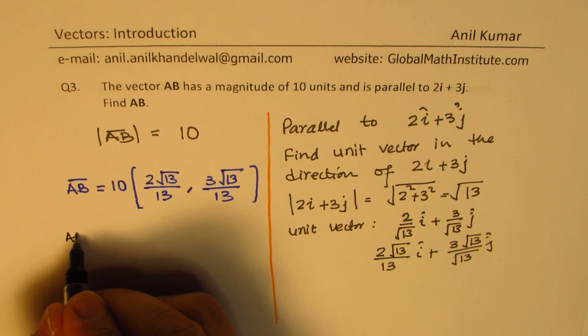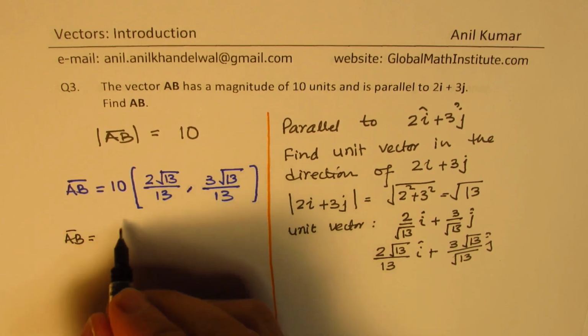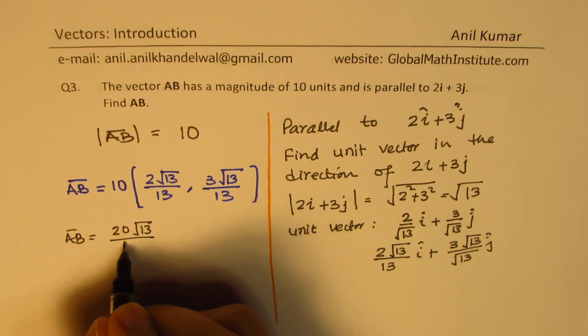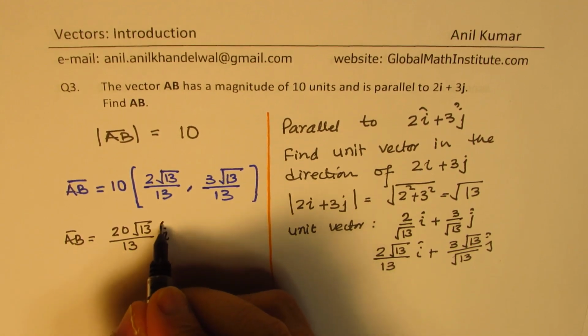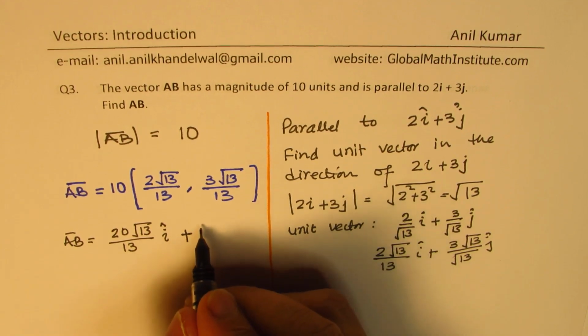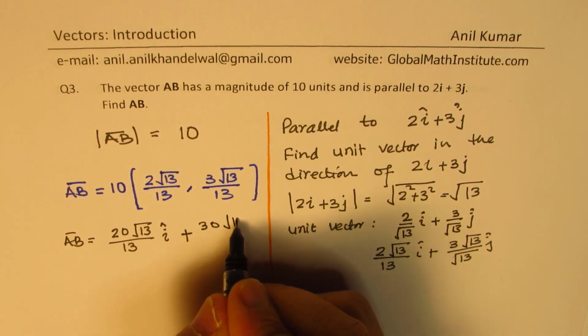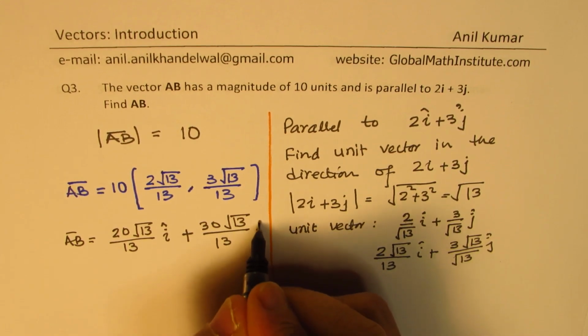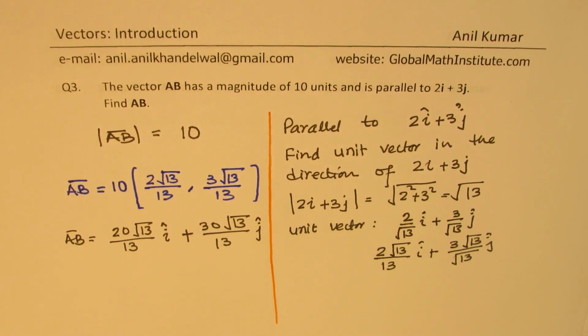The vector AB is 20 square root 13 over 13 i plus 30 square root 13 over 13 j. Is that clear to you? That is how you could write a vector in the given direction with the given magnitude. Perfect.